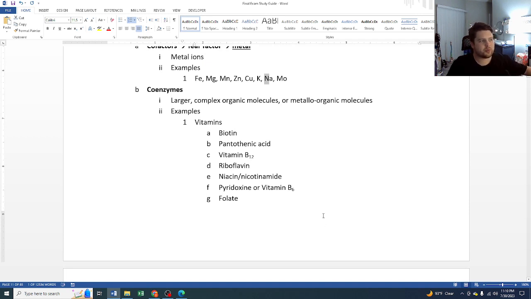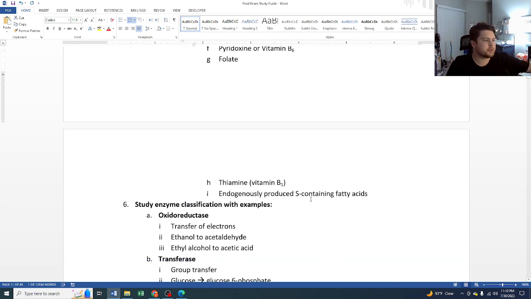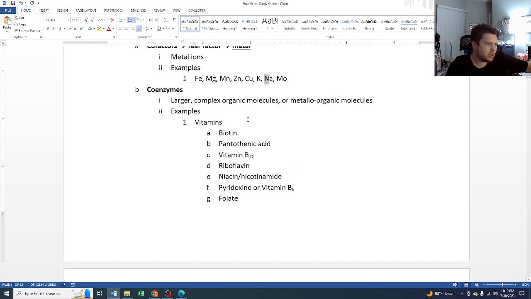Coenzymes, these are going to be our vitamins, our complex organic molecules. So if you remember, we talked about all the B vitamins. Remember, tall, rich, nudists, played pickleball for centuries. All the different B vitamins: thiamine, riboflavin, niacin.